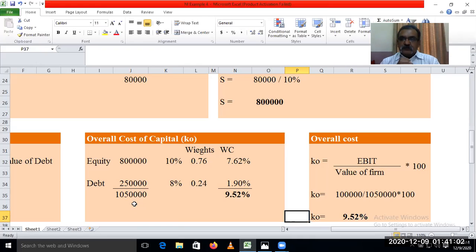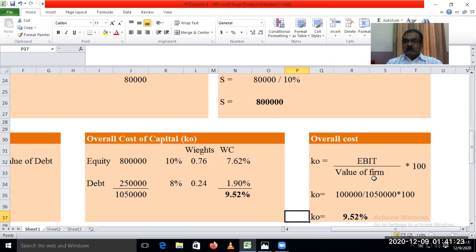If someone asks you what is the weighted cost of equity, that is 7.62%. What is the weighted cost of debt? 1.9%. But what is the weighted cost of total capital 10,50,000? That is 9.52%.